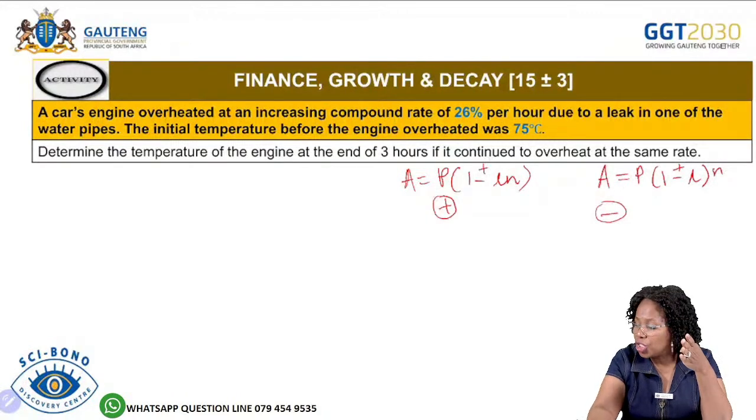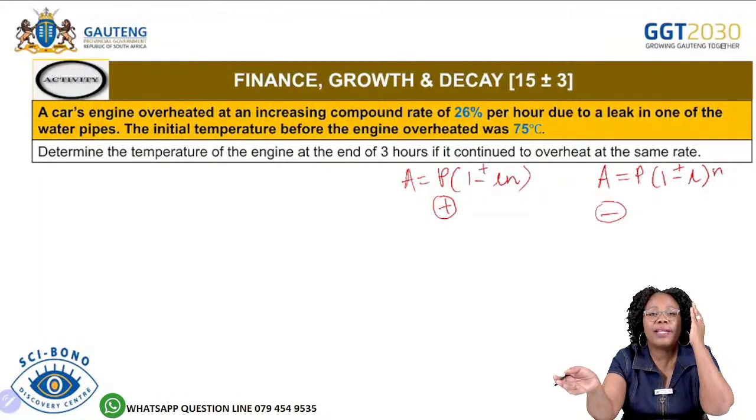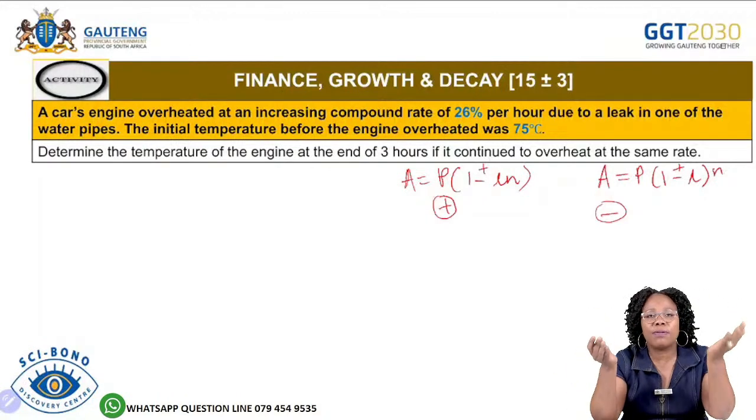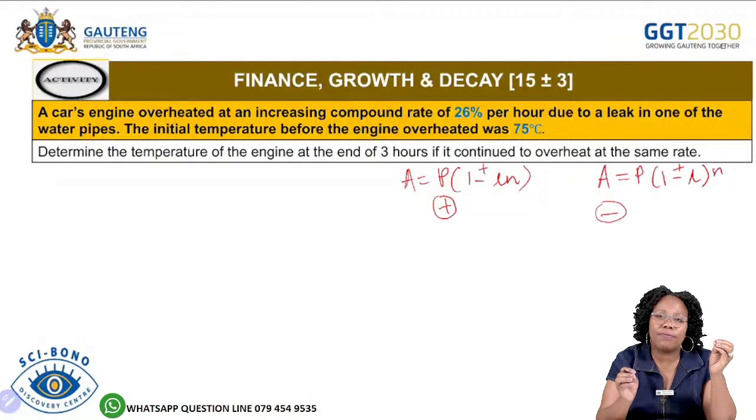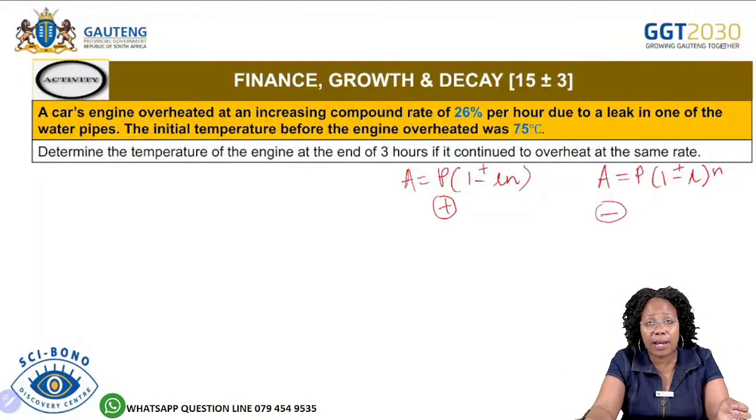The value is reduced or a decay, therefore it's a minus formula. Remember, number 1, you start by identifying does it fall to simple or compound, and secondly you check now, do I have to take a plus formula or a minus formula by looking at those keywords.